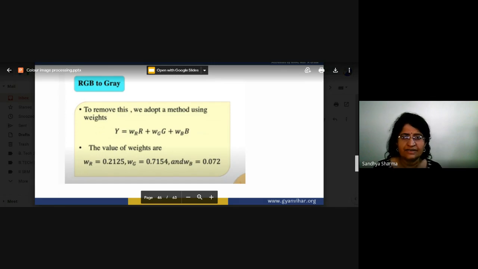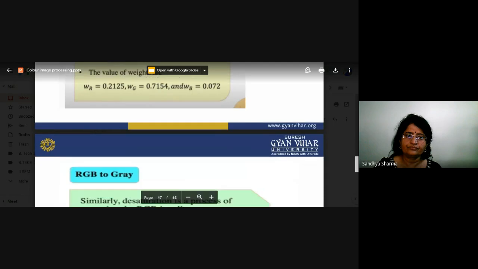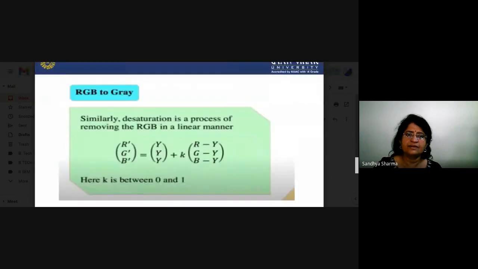These are the weightages which we have to give to the different primary colors. So WR, that is 0.2125, is the weightage of our red color. WG, 0.7154, is the weightage of the green color, and WB, 0.072, is the weightage of our blue color. So this is the method.